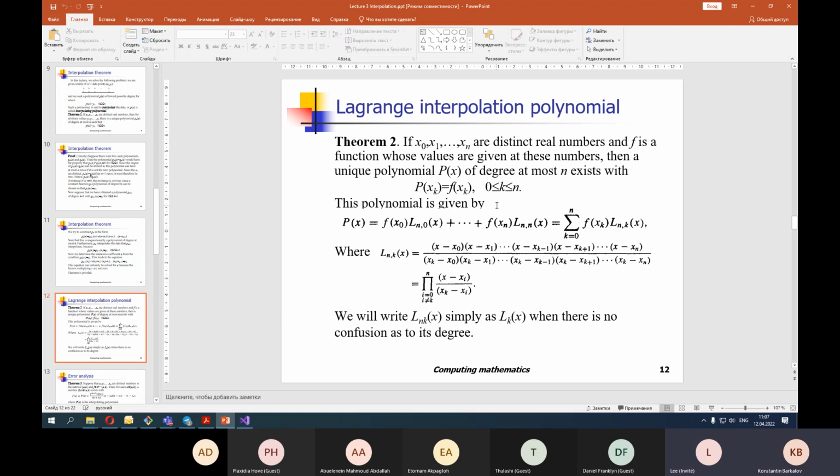We found a polynomial of degree 1 and of degree 2 that pass through 2 or 3 points correspondingly. And today I plan to consider one more interpolation technique.